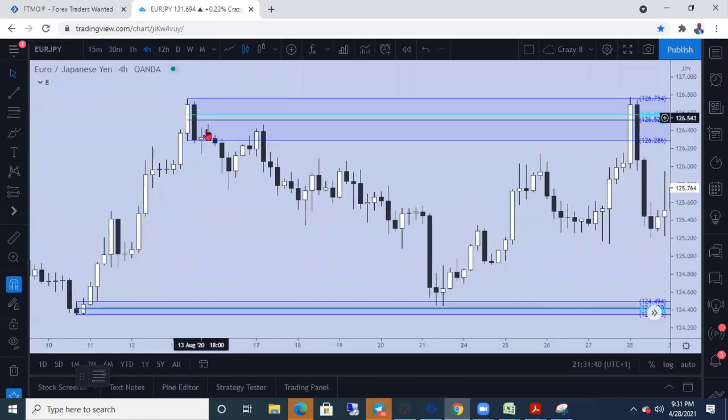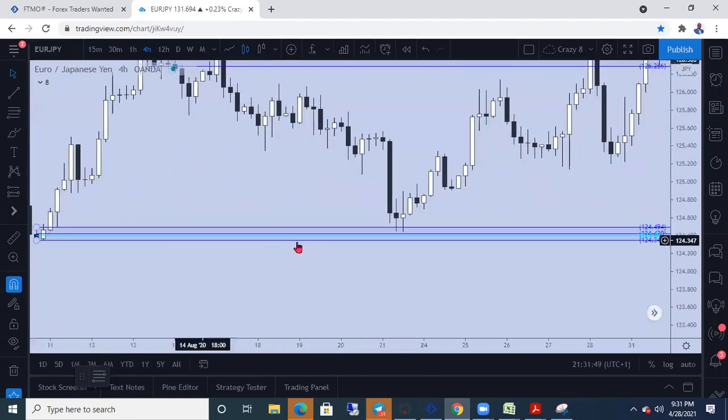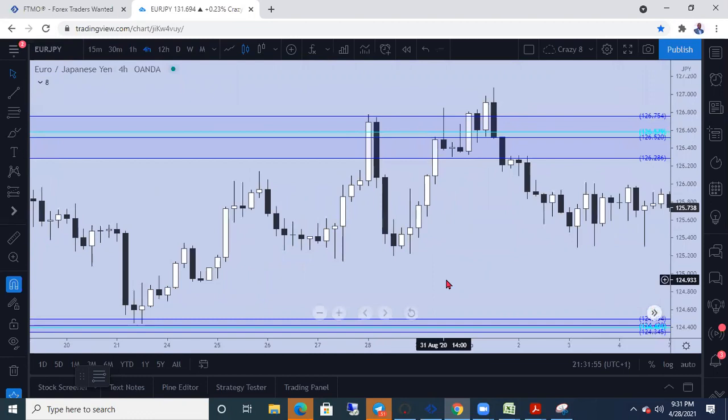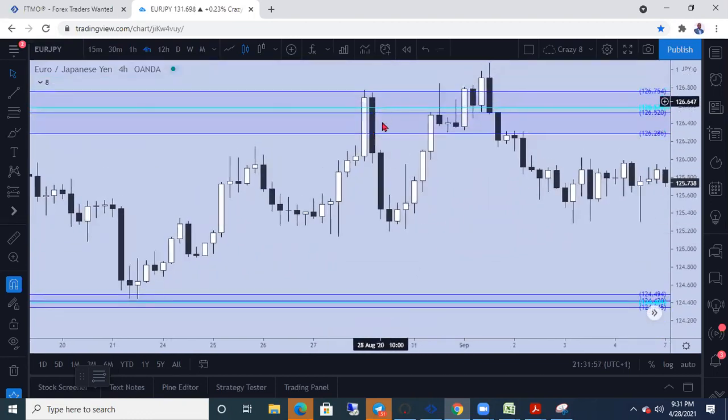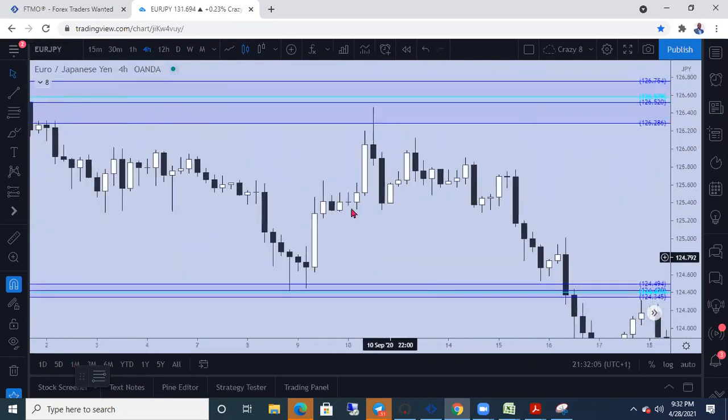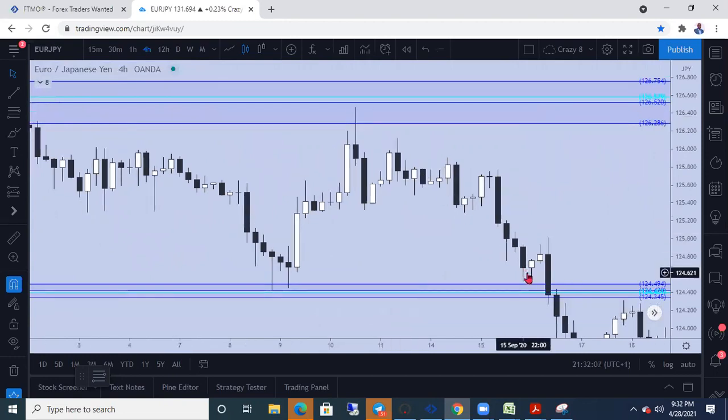Notice how price got back to the highest point and then sold off. Notice how price came back to our buy zone and then bought off. Notice how price came back to our sell zone and then sold off, and then bought, and then sold.